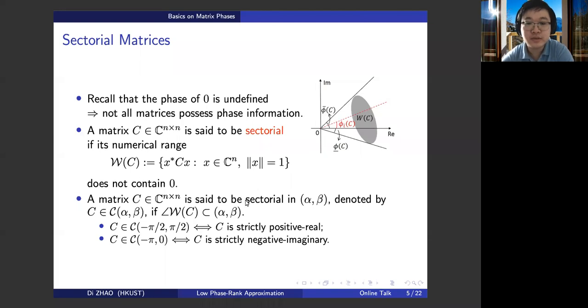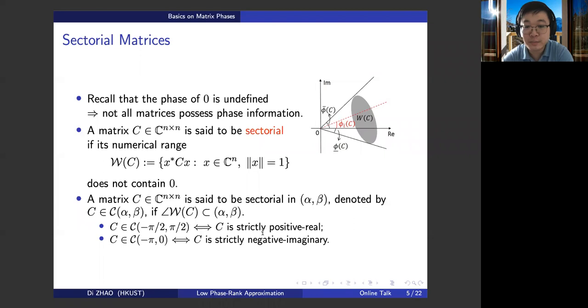Using this notation, we say that this matrix is sectorial in the interval alpha beta if the angle of every element in its numerical range is between alpha and beta. We denote the set of such matrices in this way. If this interval is chosen to be minus pi over 2 to pi over 2, then the matrix is nothing but a strictly positive real matrix.